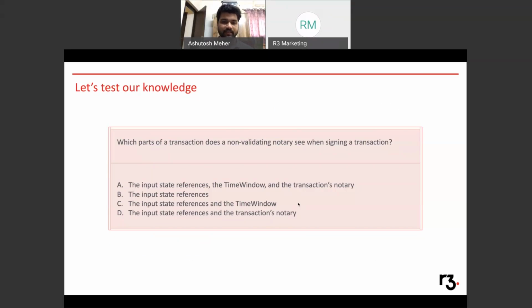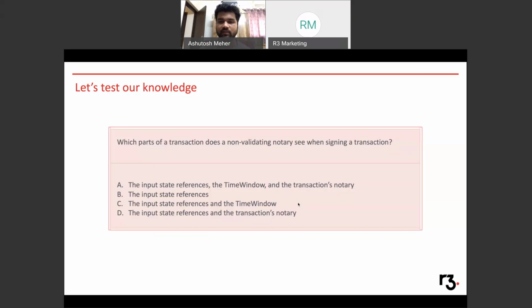All right, so option A says the input state references, the time window, and the transaction notary. Option B says the input state references. Just to understand what the time window is, because we didn't talk about it, let me explain. A time window is something that you can put in your transaction, which tells the notary whether this transaction should be notarized at this point in time.